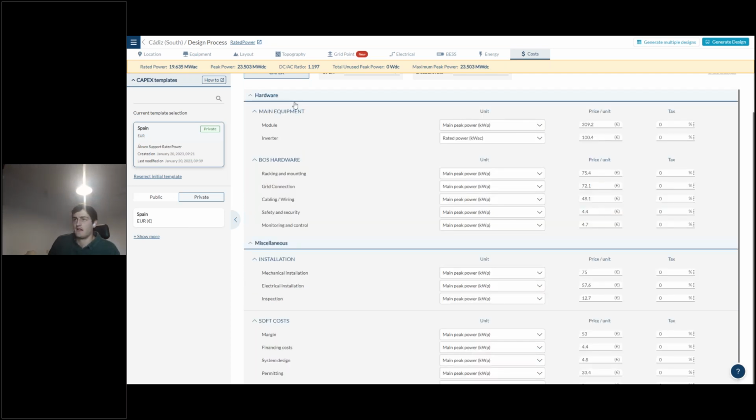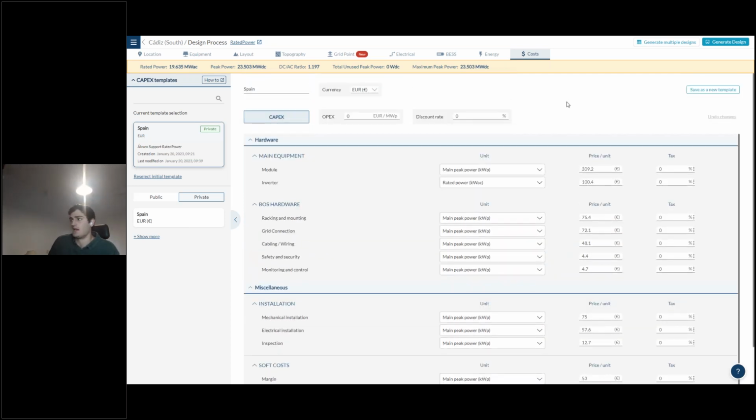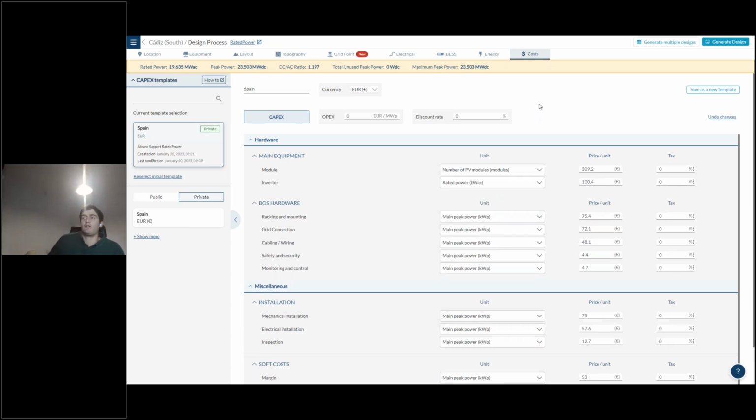But the good thing is that here we could also create different templates and modify the reference unit that we want to consider. If we want to go deeper on the financial analysis, and for example, we want to say, okay, I know that each module is going to cost me a certain amount, we can do that, save that as a new template and consider that for the new financial analysis.